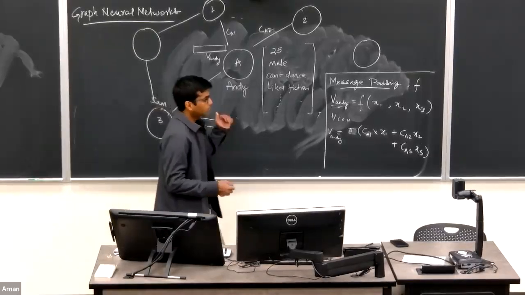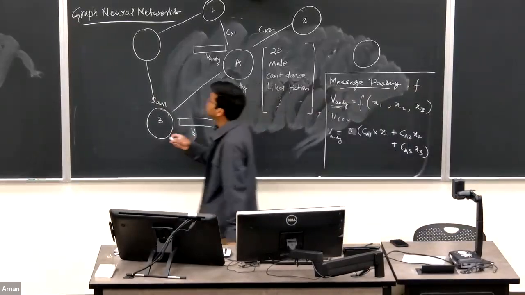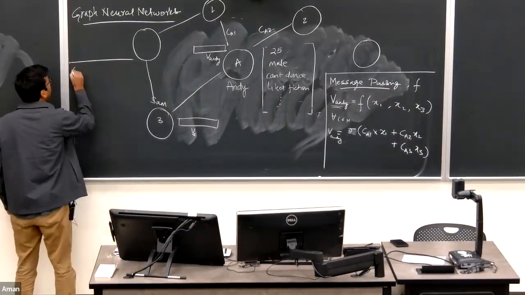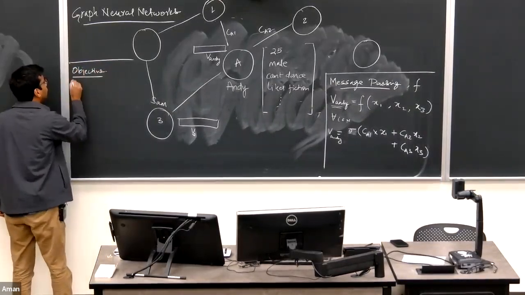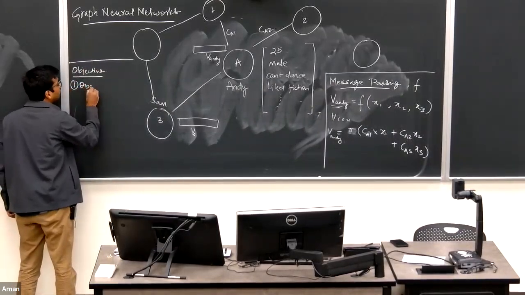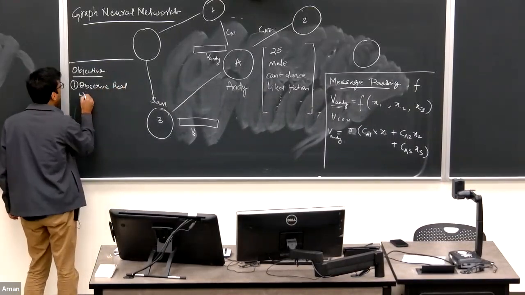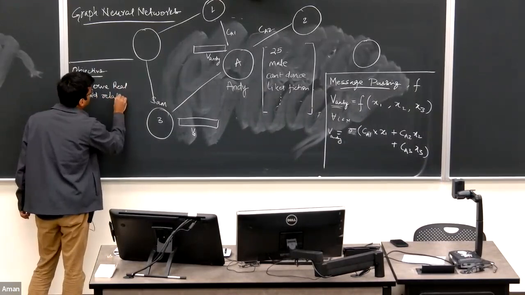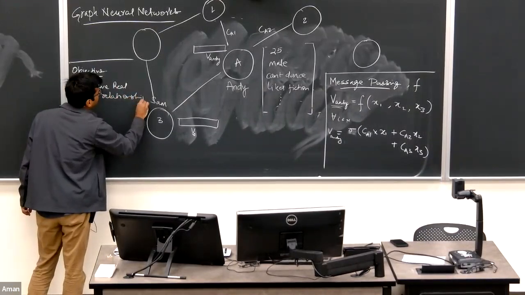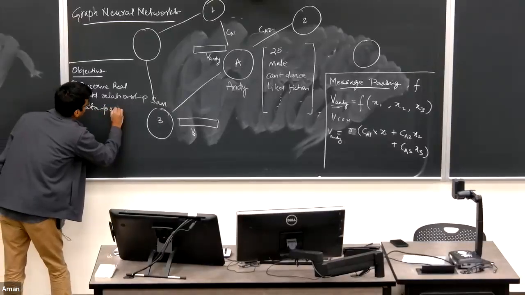So here, because we're using an example of a matchmaking problem, the objective would be that you, number one, observe real world relationship data for the nodes.